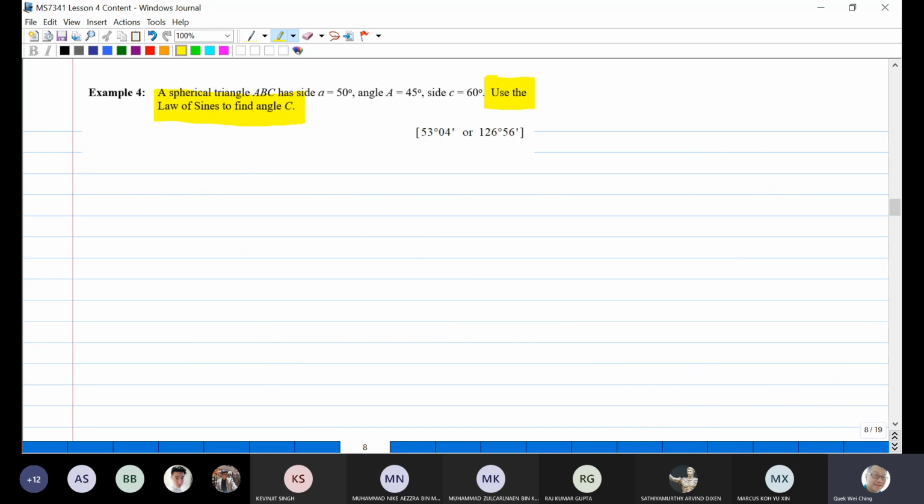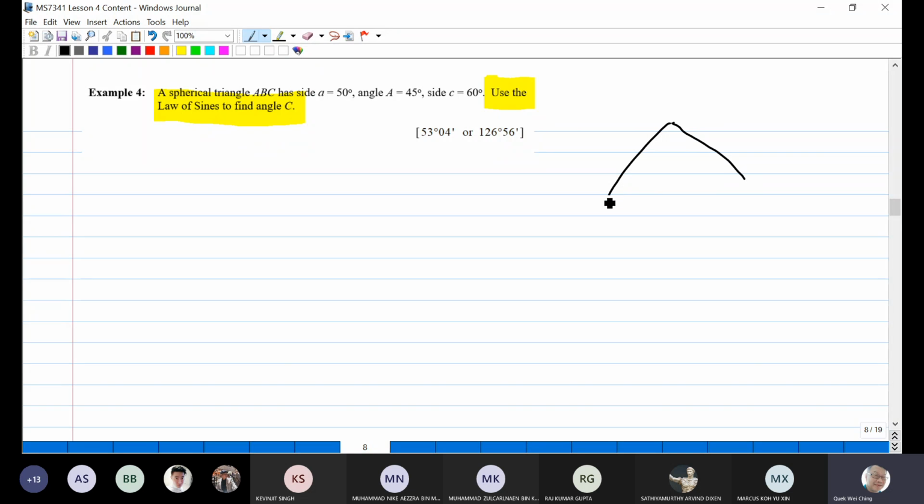Okay, let's try to draw a spherical triangle first. I try to draw as accurately as possible. A bit tricky here. When you draw it, maybe the first time it's not correct. So you have 3 parts.